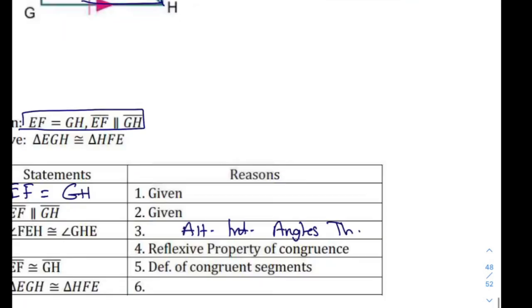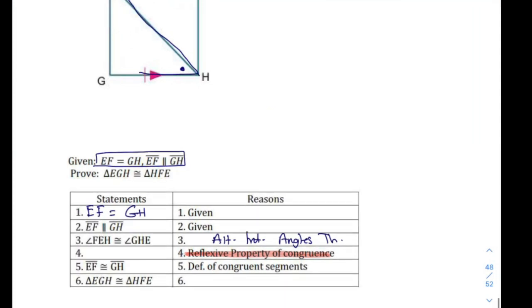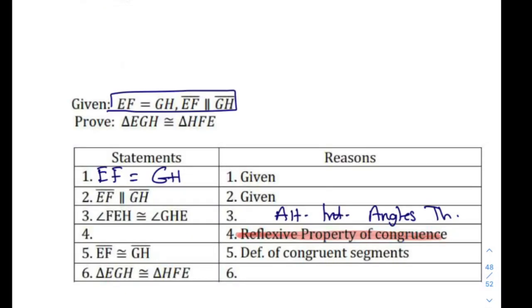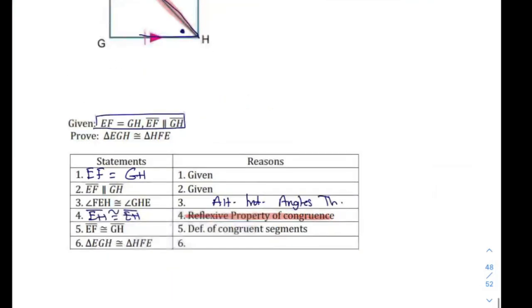Now, the reason here is the reflexive property. When you see the reflexive property, that means there is a common side or common angle. And this side, it's very clear that it is common between the two triangles. That means I will copy the side: EH is congruent to itself, to fill in the blank.